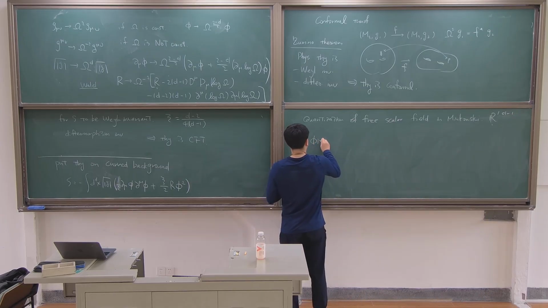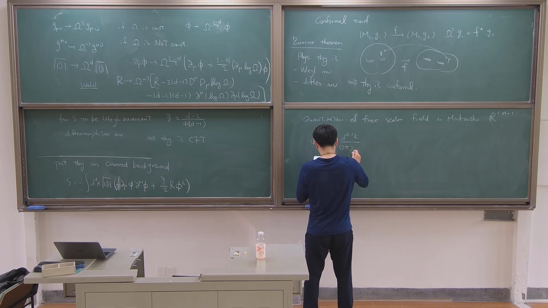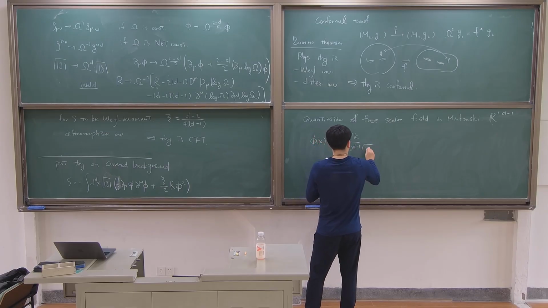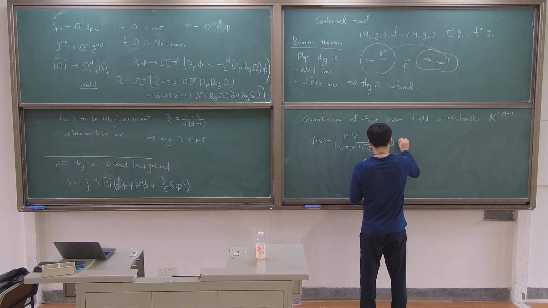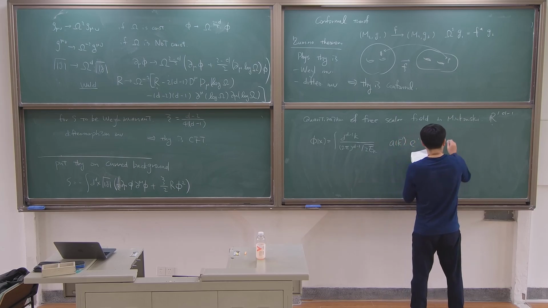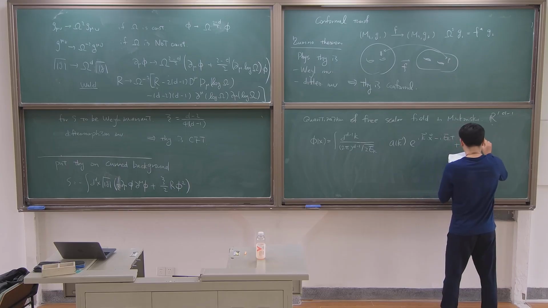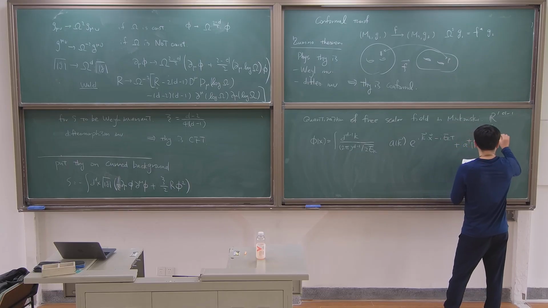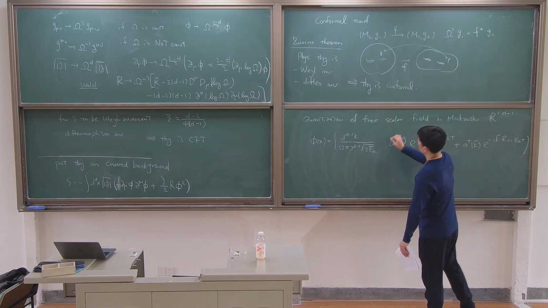If you have taken the QFT course, you already know what to do. You just do the Fourier transformation, and the coefficients in the Fourier modes become like this.